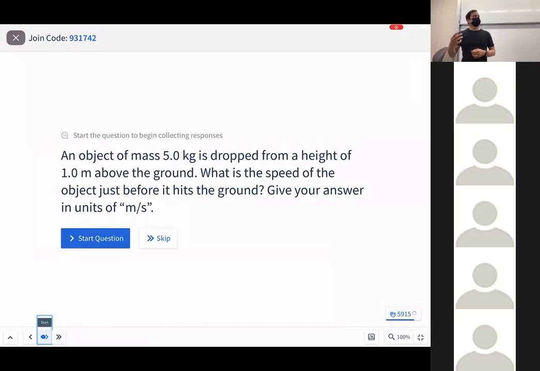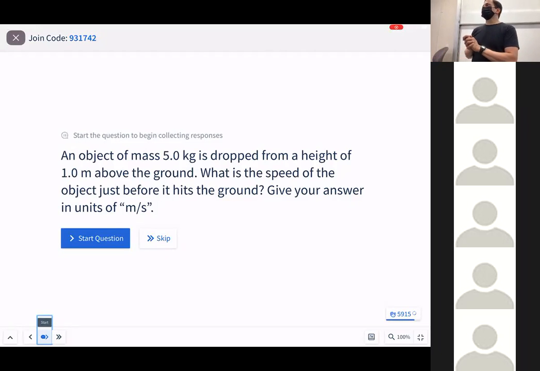So again, think about at the very top, it has no kinetic energy, it has only gravitational potential energy, mgh. That's being converted into kinetic energy. So use the conservation of energy to figure out what is the speed with which it will hit the ground.